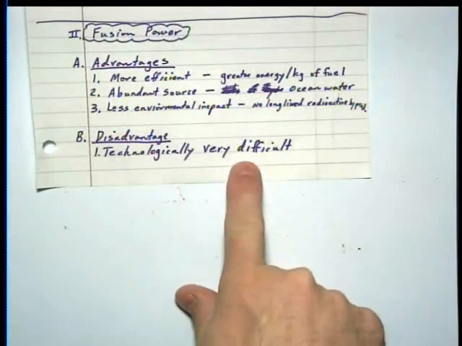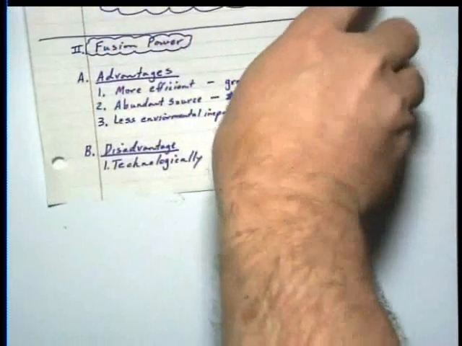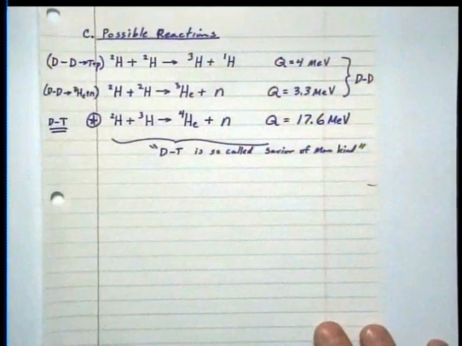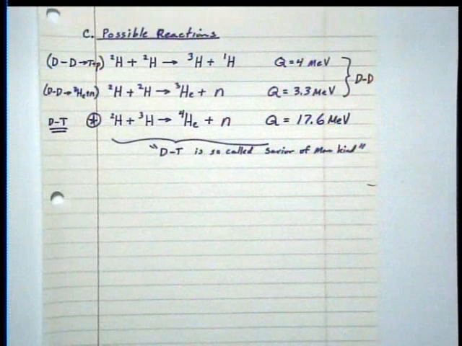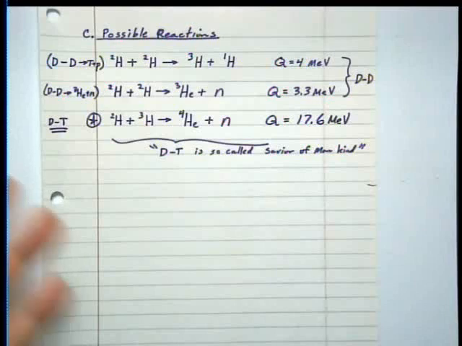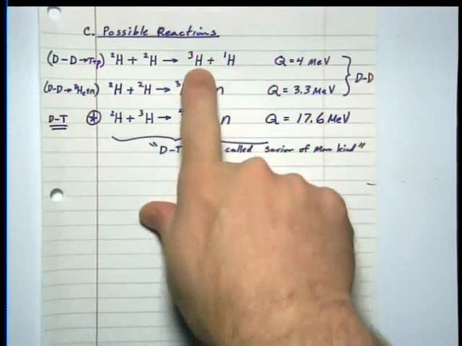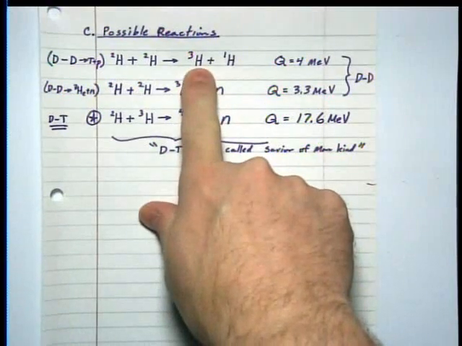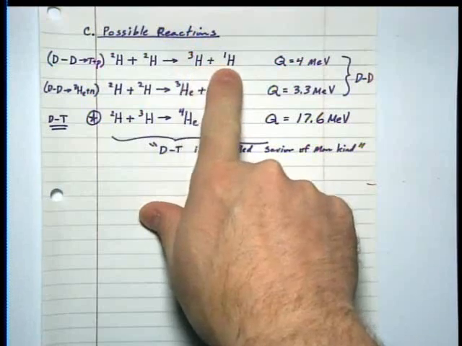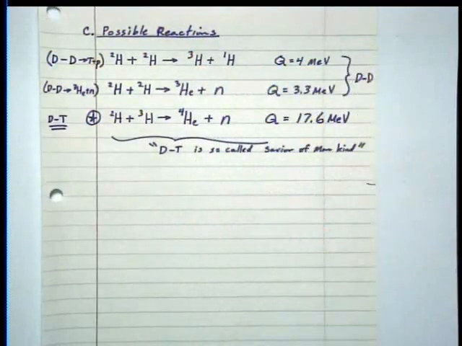So it is very difficult, and we're trying with a couple of initiatives right now to actually do this, but we're still not having success yet. We know what reactions to try. There are 3 reactions that can be used. You can put deuterium and deuterium together, and if it's hot and pressed down at the right temperature, and we get the deuterium from the salt water, it'll produce tritium, which is a radioactive isotope, and a proton, and you'll get 4 MeV of energy out.